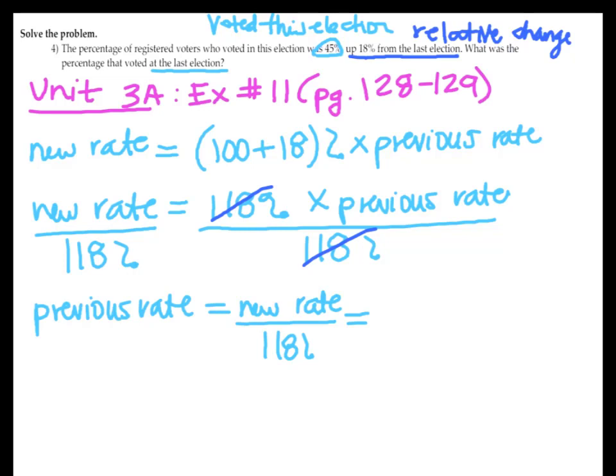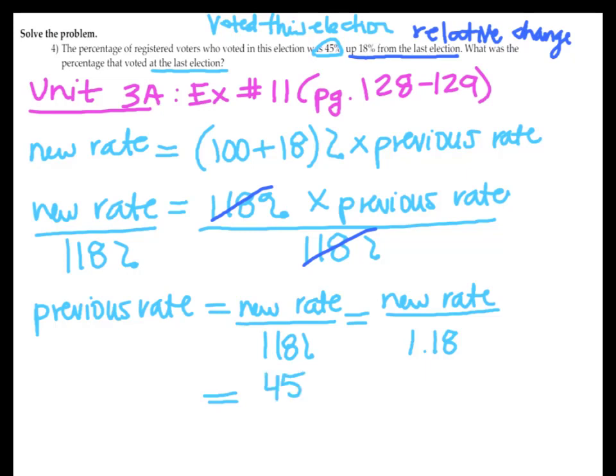And I'm going to change the percentage to a decimal. So 118% is equivalent to 1.18. And we actually know the new rate. The new rate is 45% from this current election. Right?